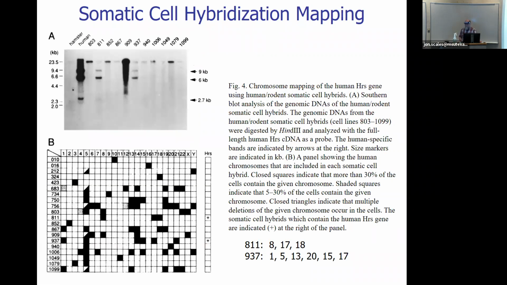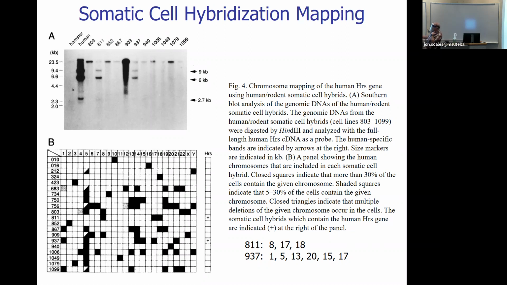Here's a real life example of what they look for in several different cell lines. So these are all the numbers of the cell lines. They just have weird random numbers. There's no rhyme or reason to it really. And they looked in hamster DNA and they looked in human DNA for some gene. I don't know what gene it was. And they saw that it was present.